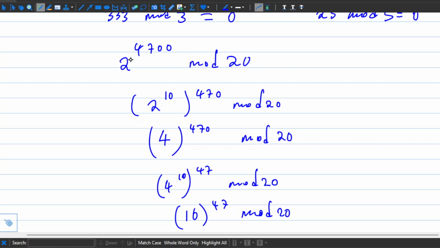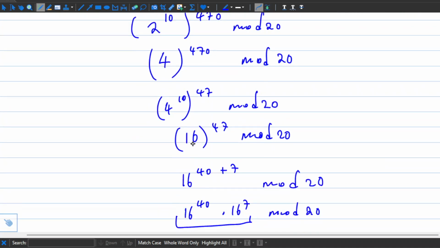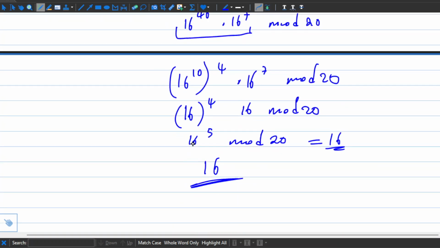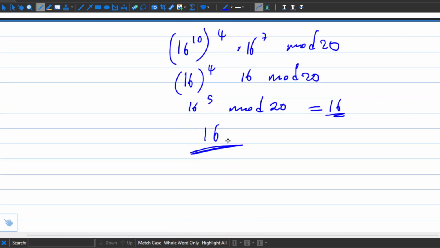So we broke it down. When you punch it directly on your calculator, you are going to get an error. So we broke it down and went with it step by step. So we say 2 to the power 10, then we say mod 20, it gave us 4. And 4 to the power 270. So we simplify further, and kept on decreasing until we got to 16 as our final answer.